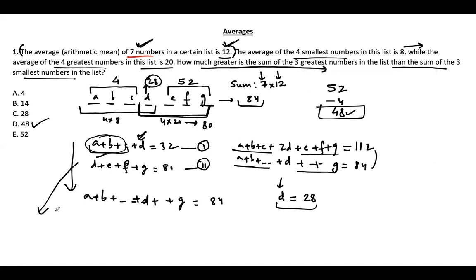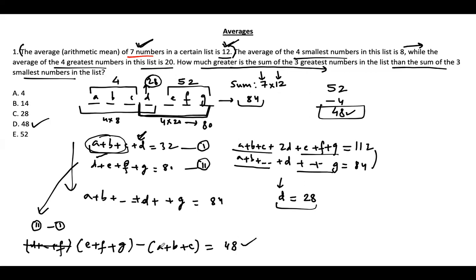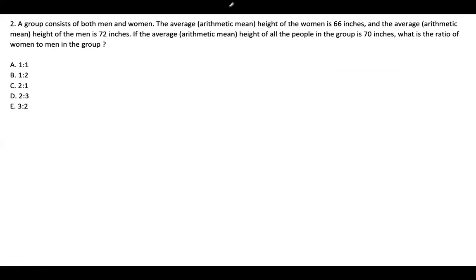So even if you're doing equation 2 minus 1, D will get cancelled. You'll get E plus F plus G minus A plus B plus C, which is 48. Correct.